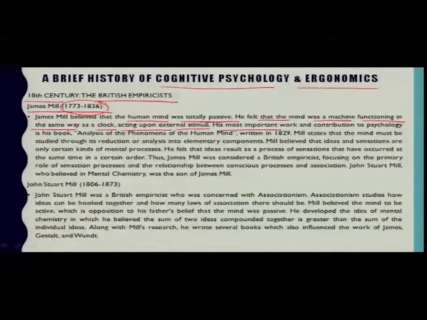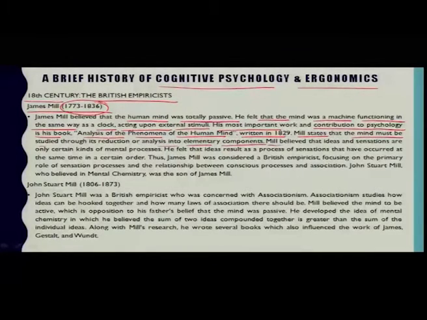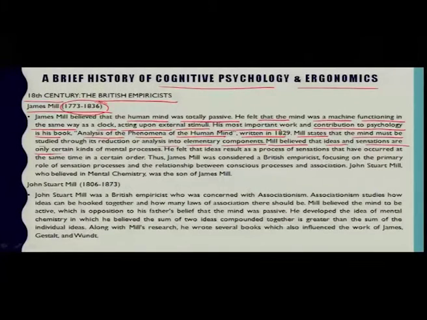His most important contribution to psychology was his book Analysis of the Phenomena of the Human Mind, written in 1829. Mill states that the mind must be studied through its reduction or analysis into elementary components. Mill believed that ideas and sensations are only certain kinds of mental processes.